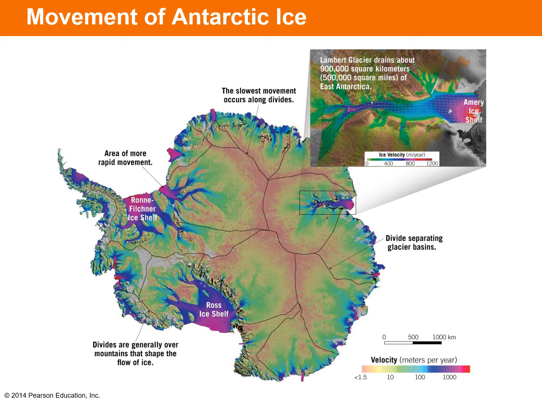And then finally, as you get towards the margins of the continent, as you get towards the ice shelves, you can see that the rate of movement of the ice can be up to 1,000 meters a year or more. So in those areas, the ice is moving very quickly.